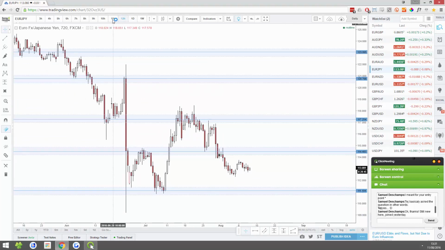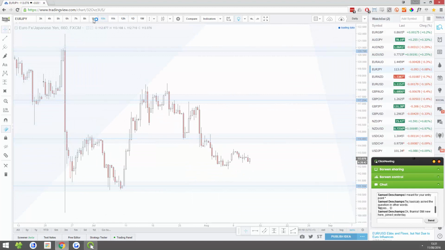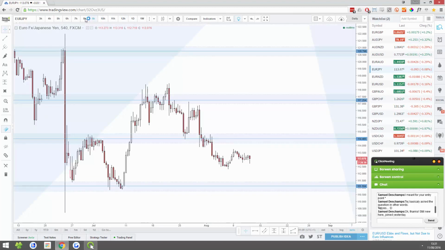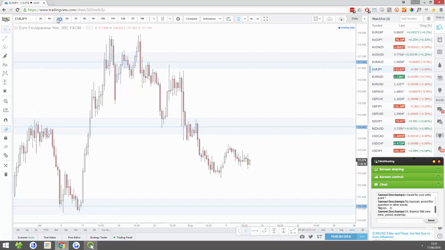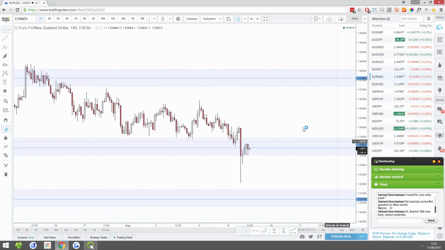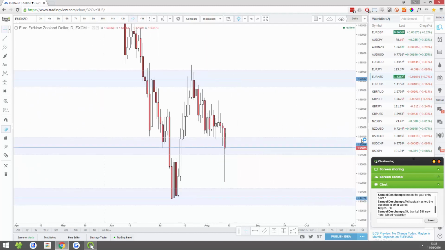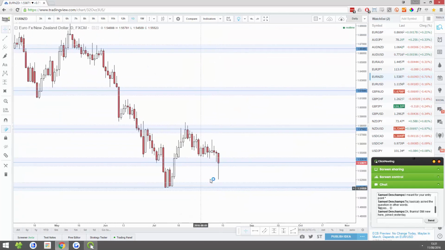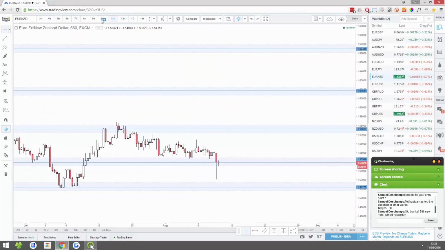EURAUD is in between two support resistance areas, so we're not going to see anything interesting here. Euro New Zealand, yeah. It's sitting on support, but that big spike down means that we won't be able to place a decent stop loss on this trade.